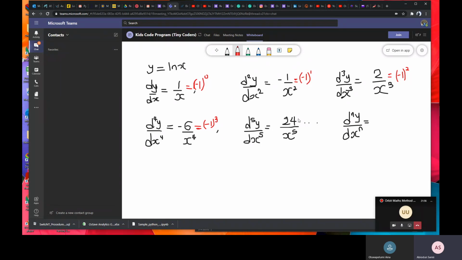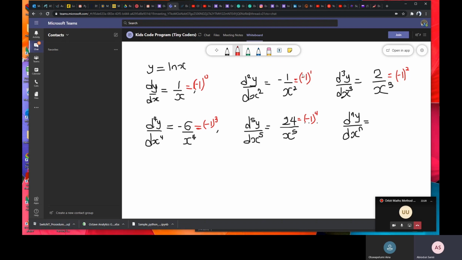I can continue, this was also -1 to the power 4, which is positive. So I have a pattern. So for the first derivative, I will have -1 to the power 1 minus 1, which is 0. This time I will have -1 to the power 2 minus 1, which is what? Yes. I have -1 to the power 3 minus 1.